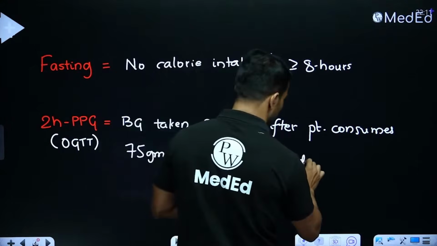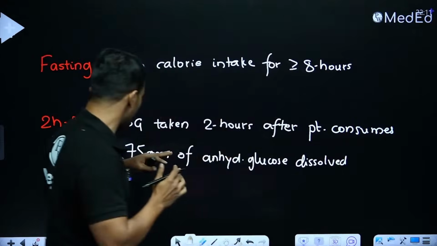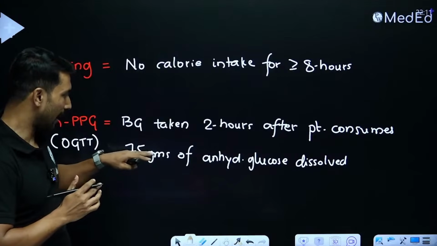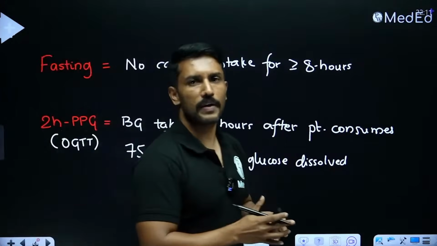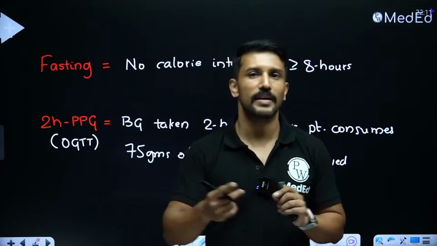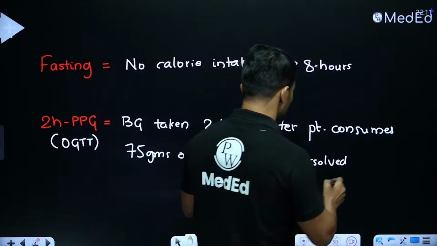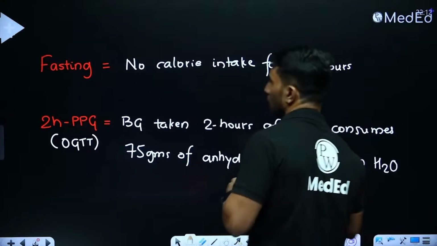So the amount of carbs going into the patient's body and the form of carbohydrate is defined here. The patient has to take 75 grams of anhydrous glucose dissolved in water, and 2 hours later we will check the plasma glucose levels. That is our postprandial glucose value, right?